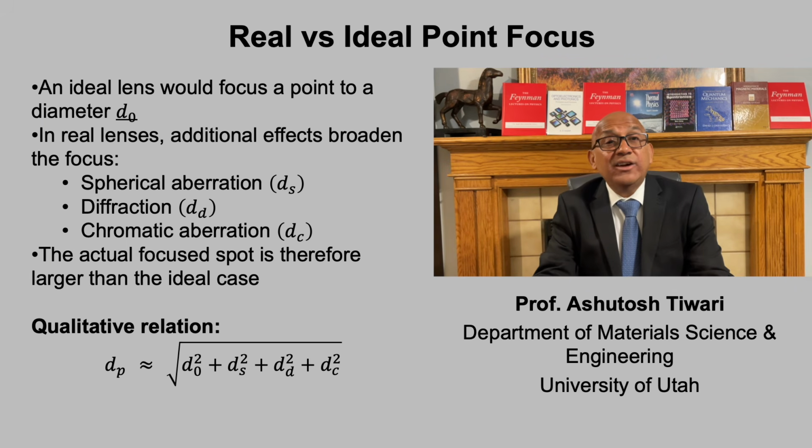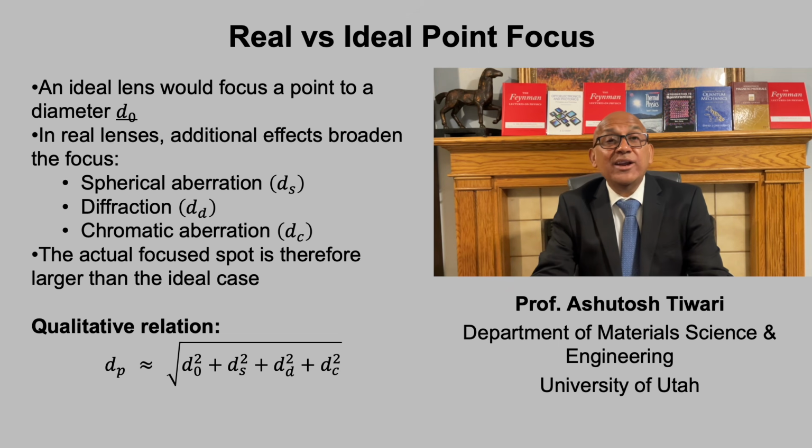To summarize our discussion so far, an ideal lens would focus a point object to a minimum size. In practice, this ideal situation is never achieved. Real lenses suffer from multiple broadening mechanisms. Spherical aberration causes rays at different angles to focus at different positions.